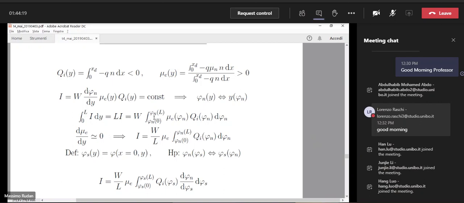Now it is possible to simplify somehow the calculation, because we assume that the average mobility depends on the position along the channel. But if we take a closer look at it, we see that this is not true, because you remember that we analyzed the so-called sources of the mobility degradation.